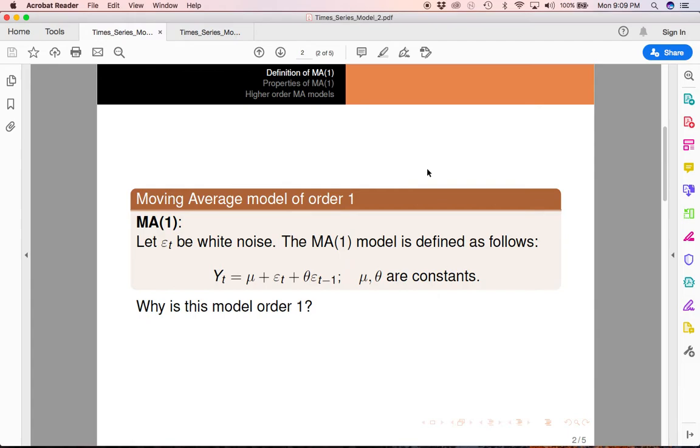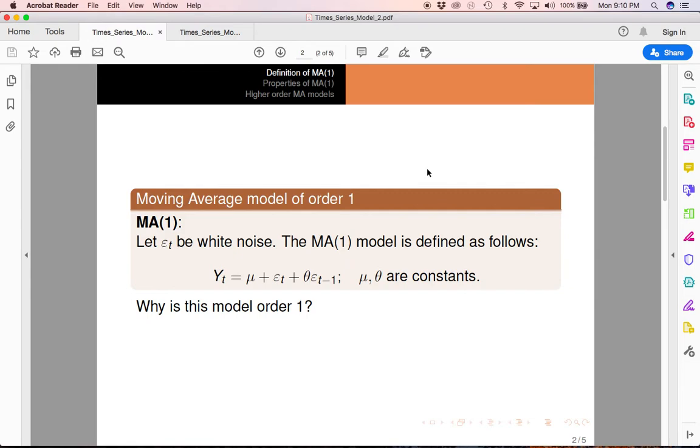To make our life easier, we'll begin with the moving average model of order 1. Recall from the previous lecture that epsilon t denotes the white noise, the Gaussian white noise. The moving average model of order 1 will be defined in terms of this Gaussian white noise.